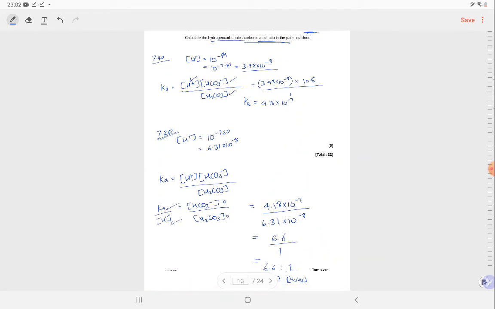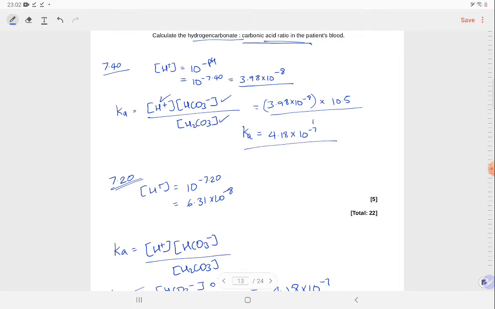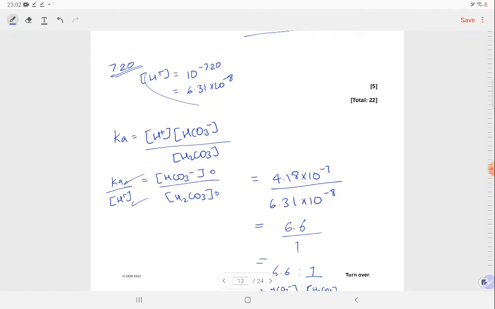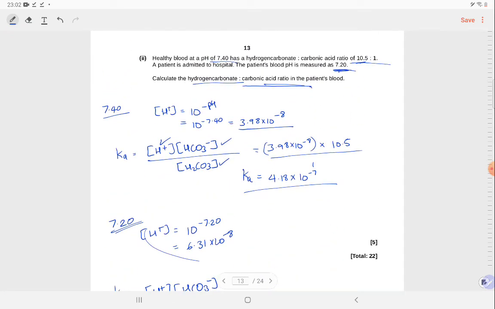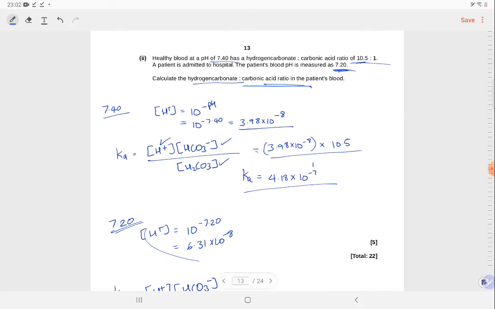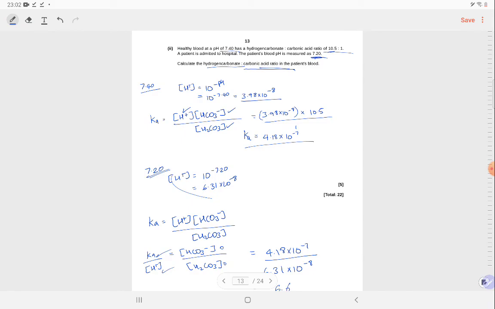If you think about it, all you needed to do was work out what Ka was, and then essentially what H plus was, and then just plug them into this expression here that we made. But that's where you have to think about the chemistry involved as well, because yes, we used the formulas, but remember, they're not asking you to work out, I don't know, I remember doing this question a few years back, and I remember my friends, they were working out the Ka, and I think some of them worked out even Kw, which made no sense because it's not asking you for anything else except the ratio.